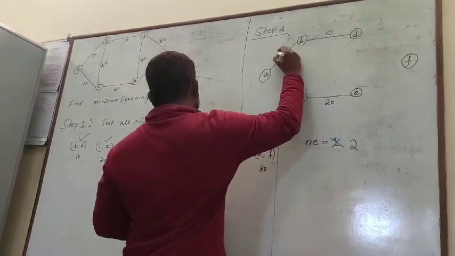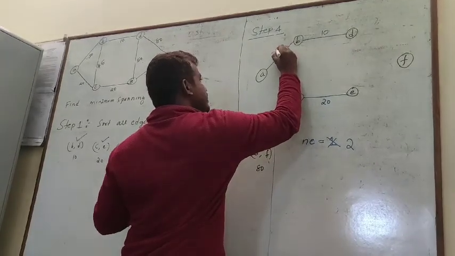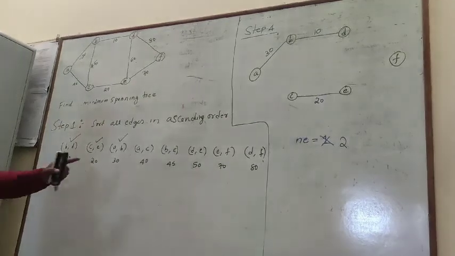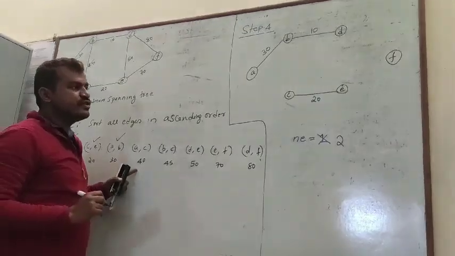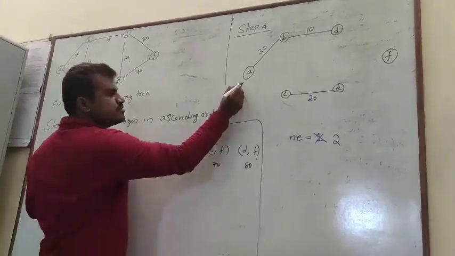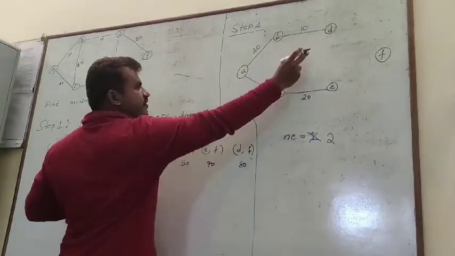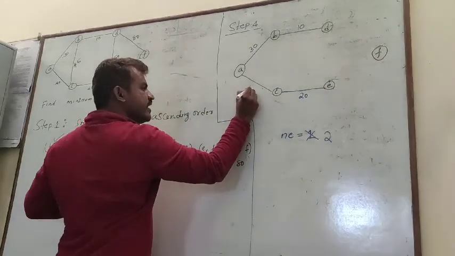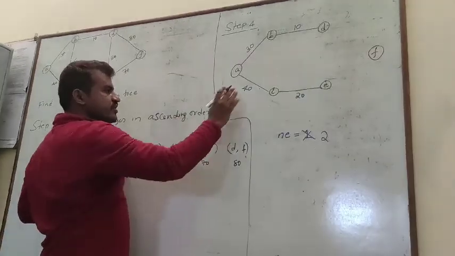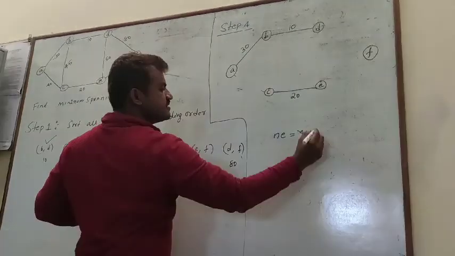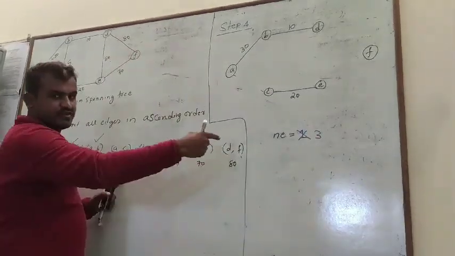No, it won't form any cyclic, so you simply select it and write the edge. Next edge is A to C. Connect it. When connected, does it form any cyclic? No. Then you write this one. Before connecting this one, I have to increment the number of edges. 3 edges are incremented. That you have to write.